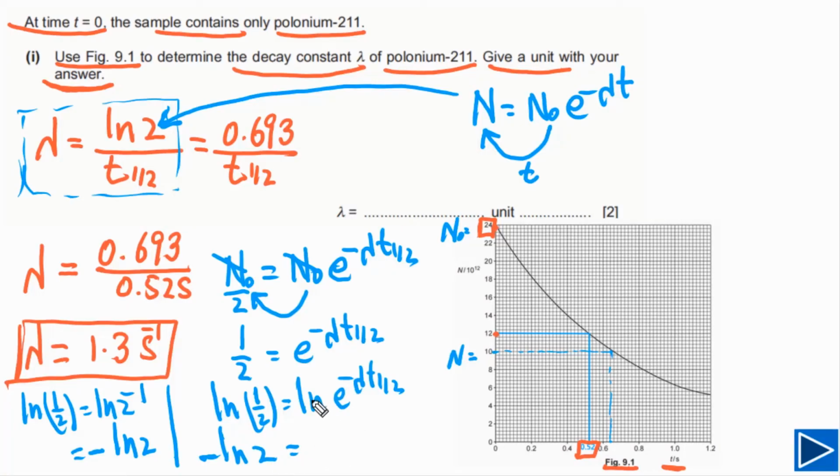And this is equal to ln e times negative lambda times half-life. But you need to understand, ln e is equal to 1. As ln e is equal to 1, simply we are left with minus lambda times half-life. So this negative we can cancel with this negative. Now simply we can write lambda is equal to ln 2 divided by half-life.